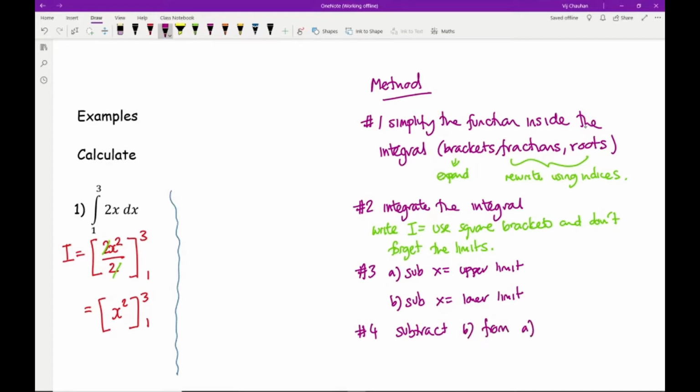So in other words, you're going to do the answer for a minus the answer for b.